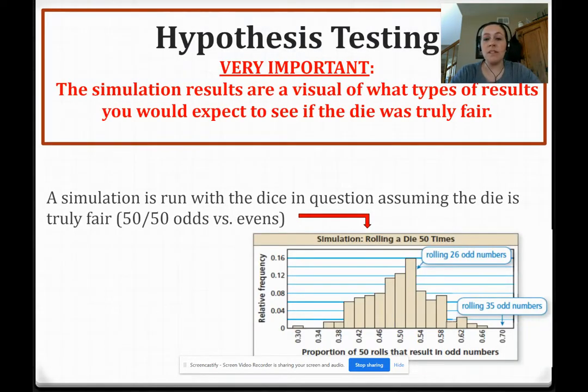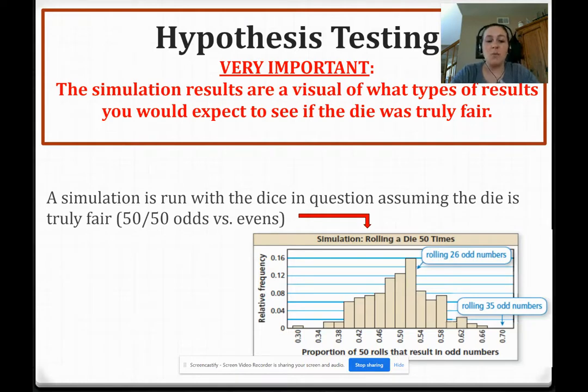All right, so let's say we have this claim by the company and we want to see whether our die follows that claim. One thing we can do is run a simulation. A simulation is a way that you could use either physical objects or maybe even a computer to represent something happening many, many, many times.